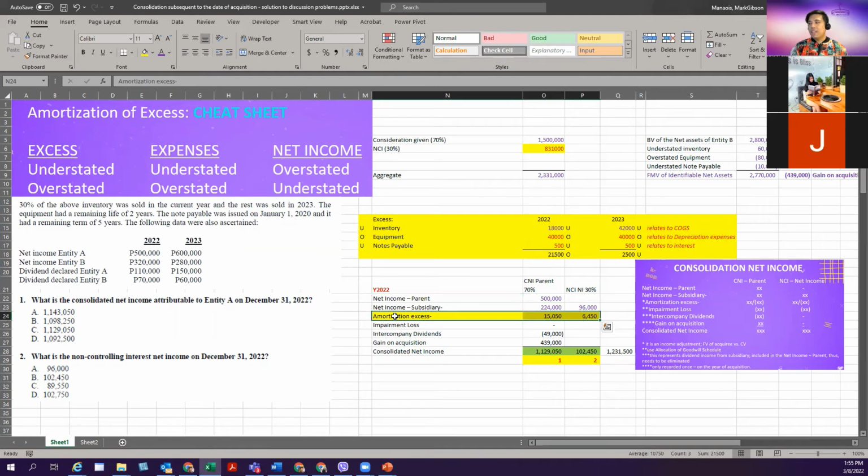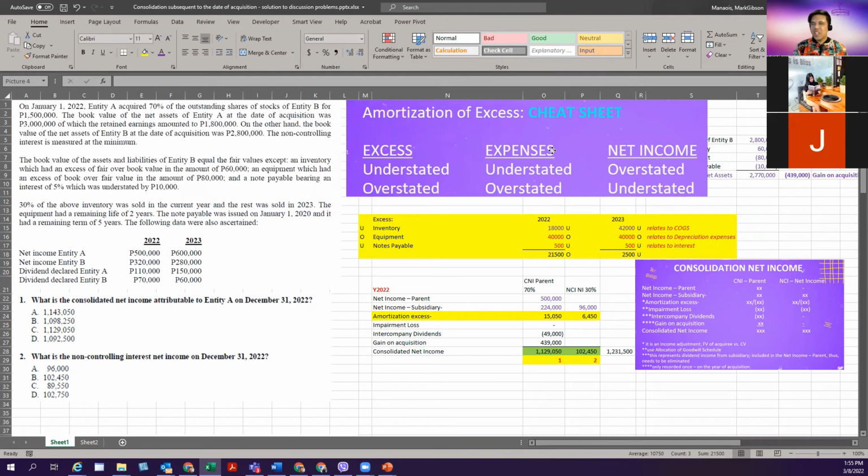This is challenging because you have to first analyze if it's overstated or understated. If you already go wrong there, that's a problem. But if your analysis of whether the asset or liabilities are understated or overstated is correct, you have no more problem because you have a cheat sheet.